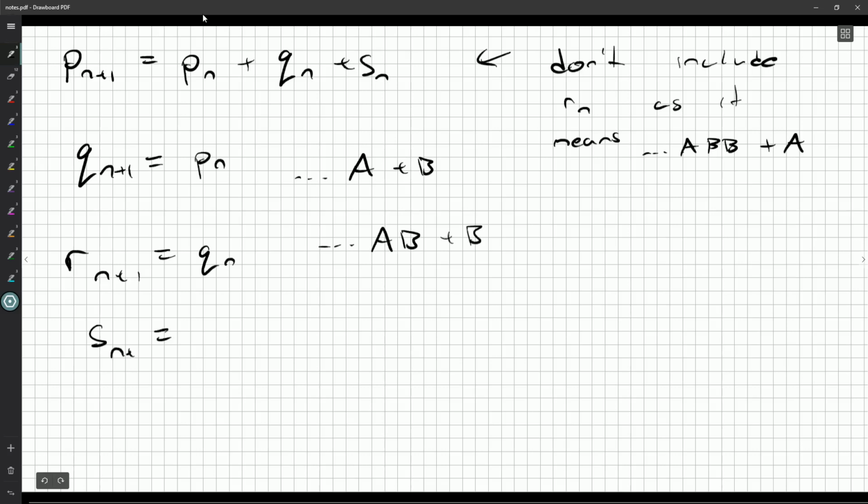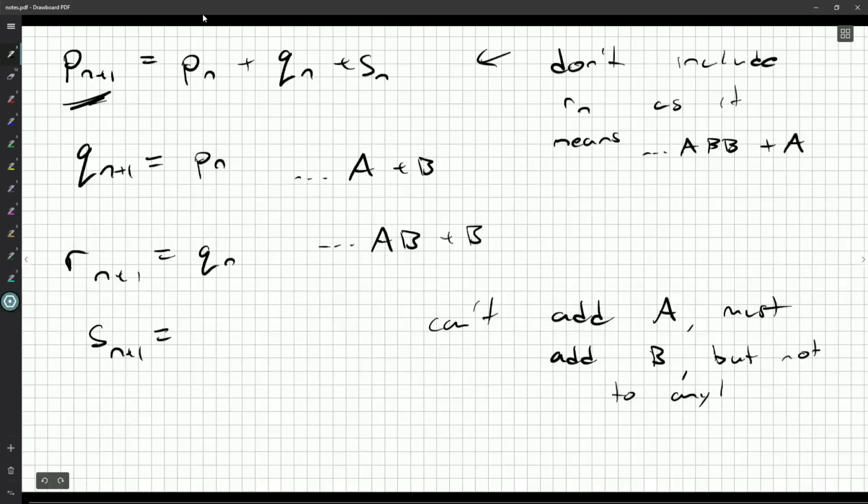And Sn plus 1 is... you can't add on an A, otherwise it would go into the Pn plus 1 category, so it must add a B, but not to anything in Pn or Qn.